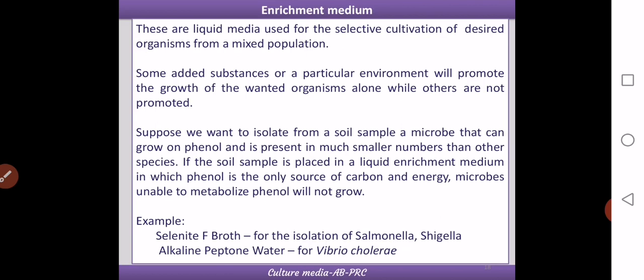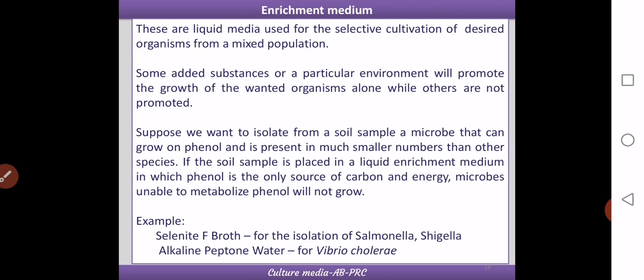Here the purpose is to prevent the growth of certain organisms, or to positively promote the growth of certain organisms, right? For that we add certain substances, or we provide a certain environment, to promote the growth of the wanted organism. The organism which we need to cultivate will be promoted, while those which are not required are not promoted.